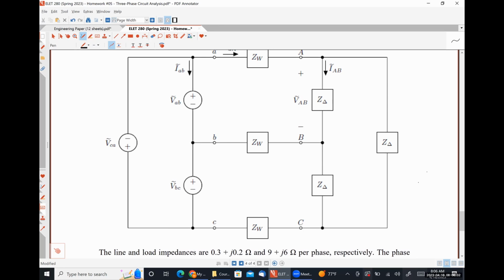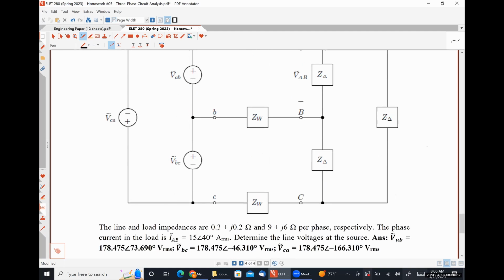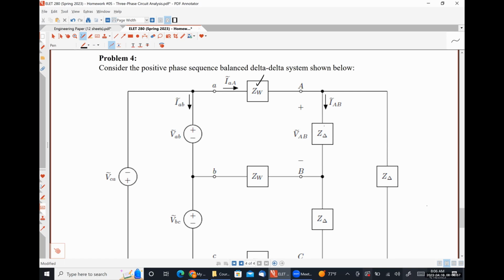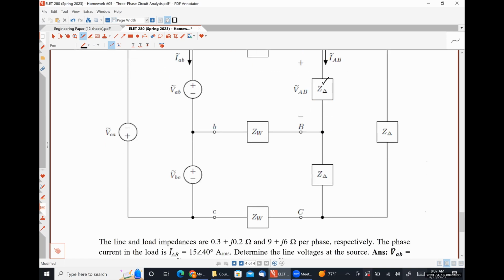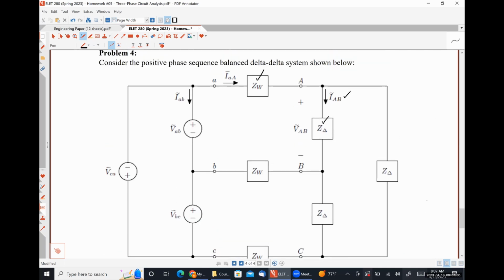The first thing we're going to have to do is figure out how to draw our single phase equivalent circuit. Actually, let's talk our way through things here. We know the line impedance and we know the load impedance, so we know this quantity and this quantity. We are given the phase current in the load, so we know this quantity.